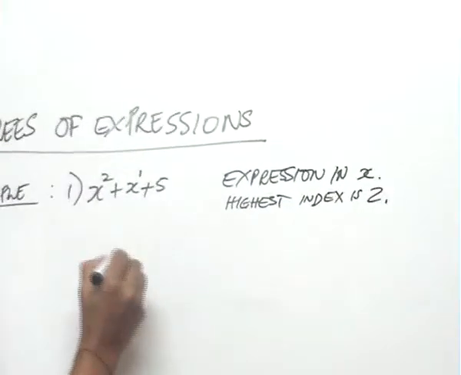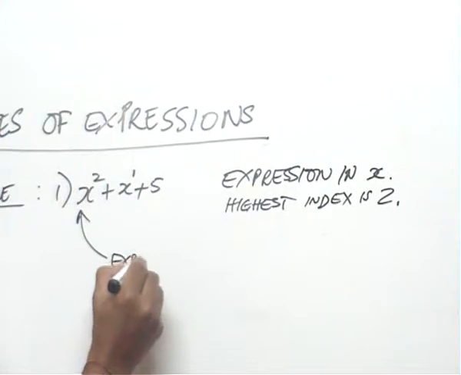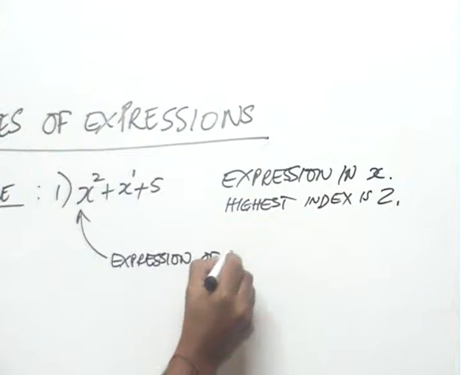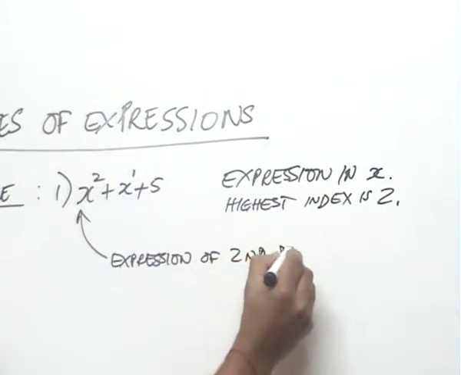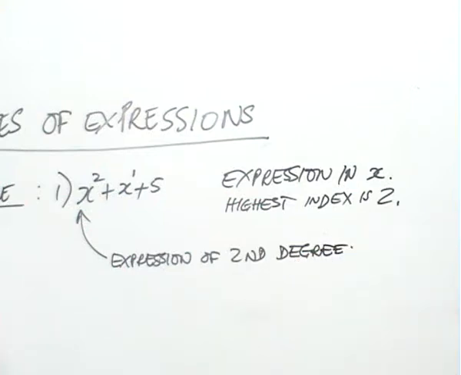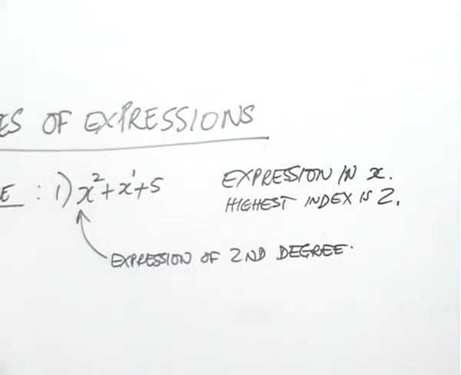Therefore, we say that this is an expression of second degree. You see, there's an expression, we study the indices, we look for the highest index. The highest index is 2. Therefore, this is an expression of second degree.